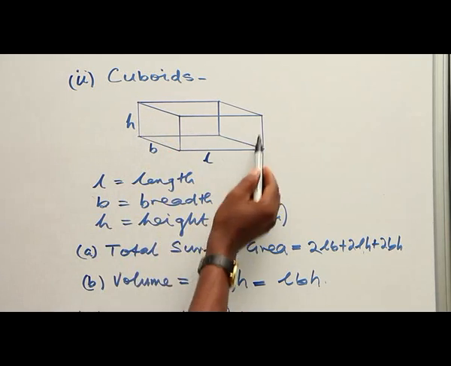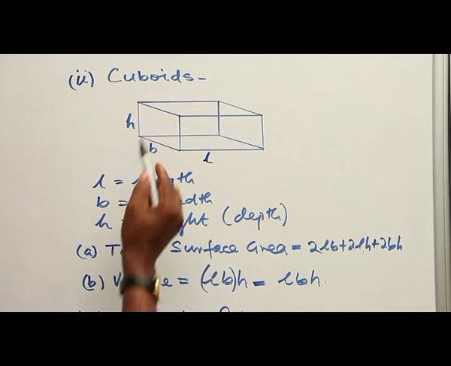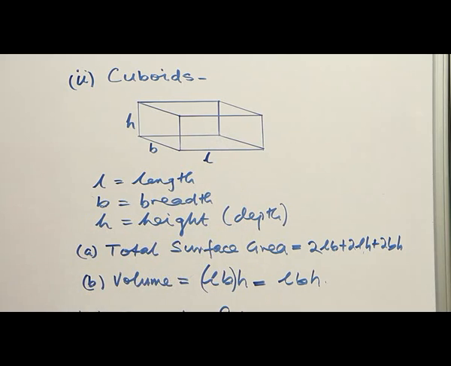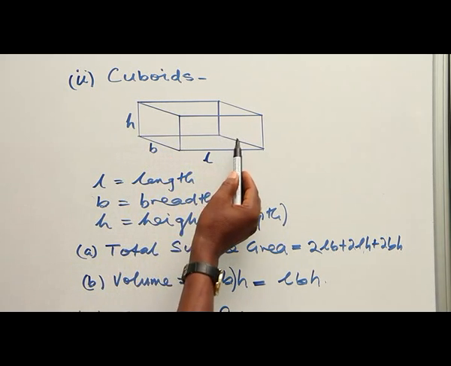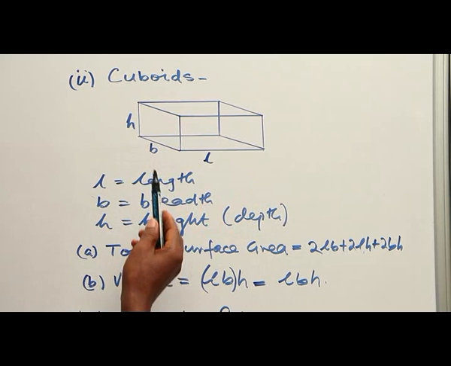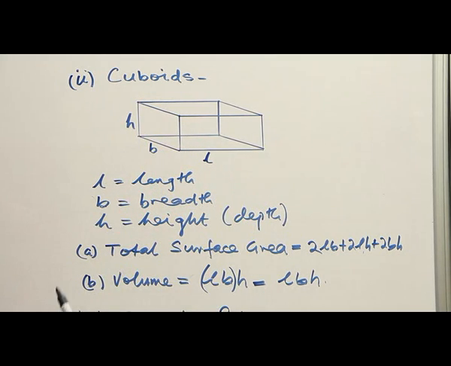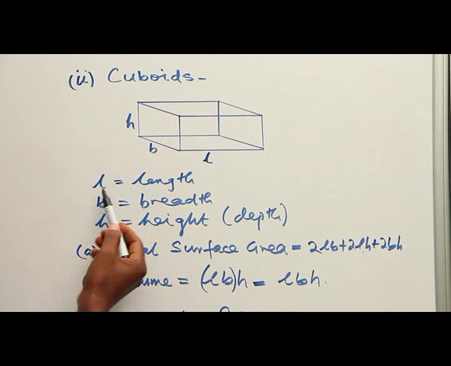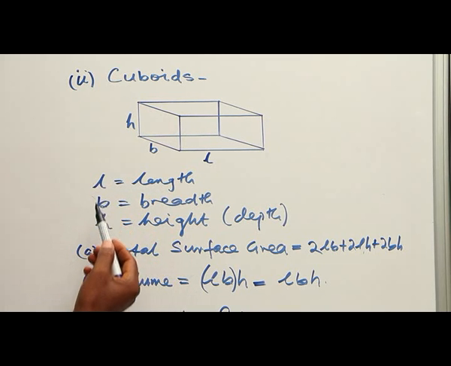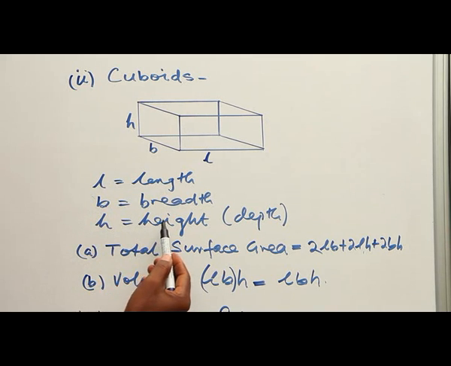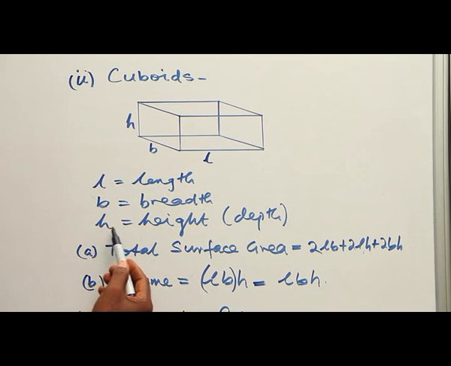Some of them are of this shape, and they are called cuboids. Even the textbook that you have with you is also an example of a cuboid, because it has length represented by L here, and breadth represented by B here, and height represented by H.